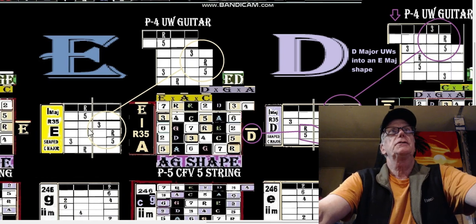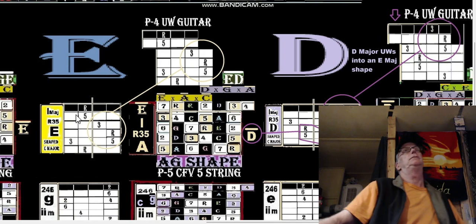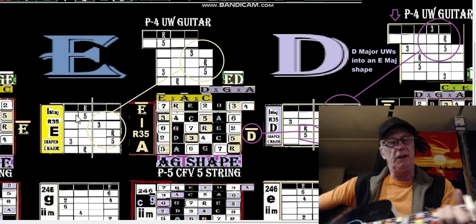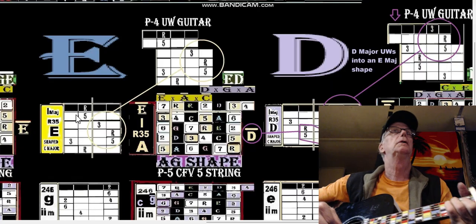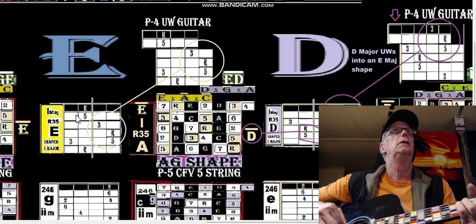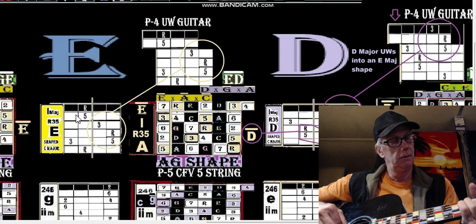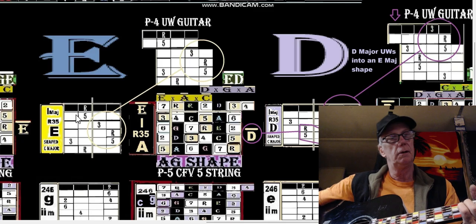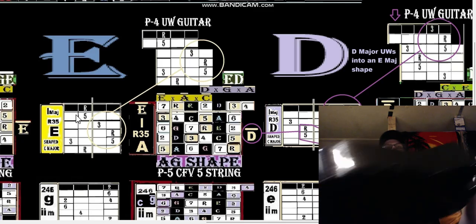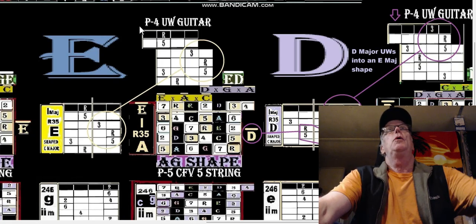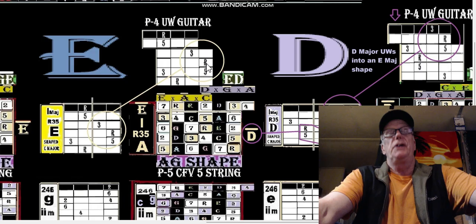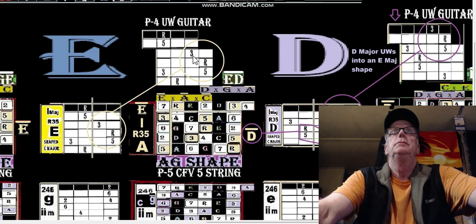So let's look. Here's the E-shaped guitar. Root 3-5, action fingers. That third on the top going to a suspended. We unwarp it. It doesn't really affect the E shape.